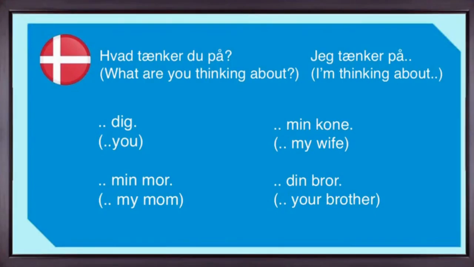Din bror. Your brother. Alright, so here's like a question and an answer. Right? Pretty easy. Hvad tænker du på? Jeg tænker på. Yada. So you can put whatever. Right? Like to practice, just put whatever. I don't care if it's Dumbo or I don't know, fast cars or anything. Whatever, as long as you practice.